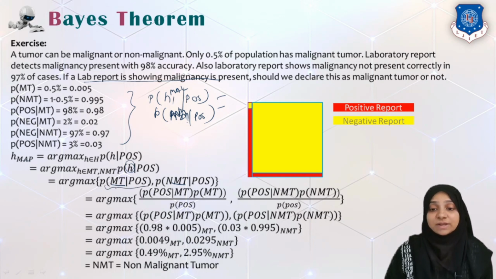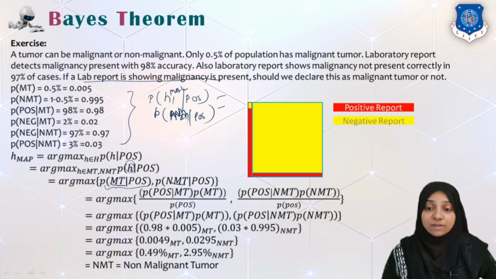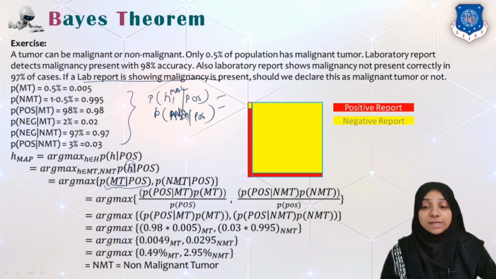So this particular thing is substituted using Bayes theorem. The probability of malignant tumor given a positive result is given as the probability of positive result given malignant tumor, times the probability of malignant tumor, divided by the probability of positive results. We will calculate similarly on this side, but here our hypothesis is non-malignant tumor.